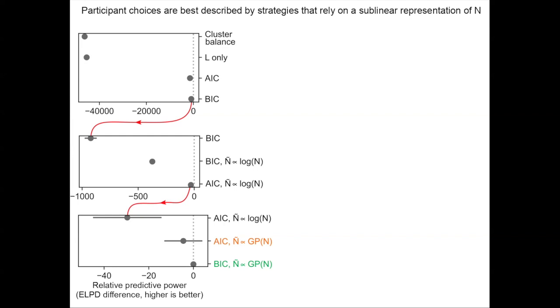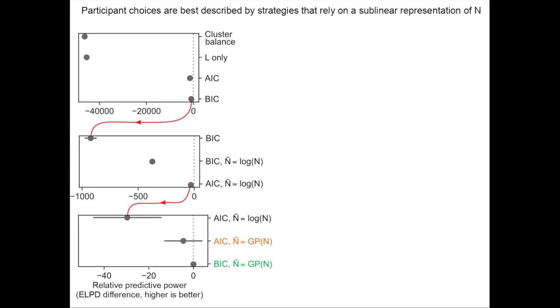I will just point out some of the particular strategies that we considered. L only is just a maximum likelihood strategy, where people are adjudicating the goodness of models based on how close they can get to the data. Then, as I said, we have multiple things called AIC and BIC.